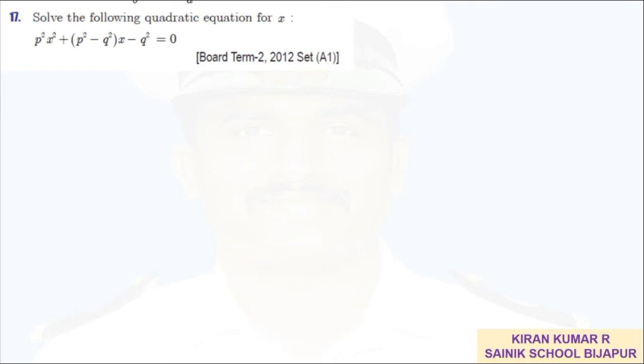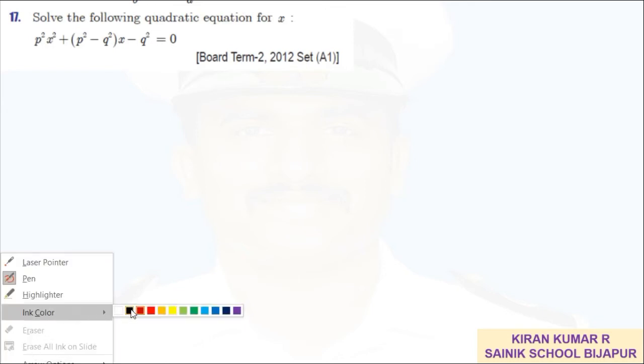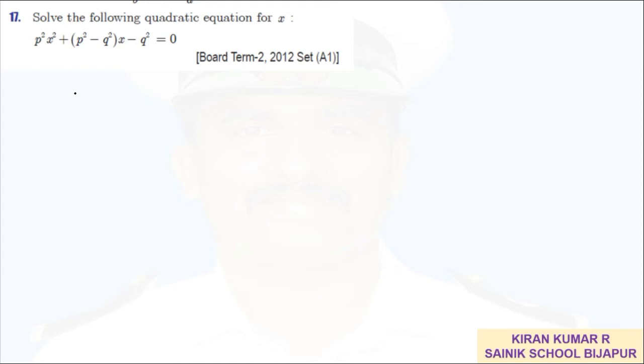This question is a little different. p square x square plus p square minus q square times x minus q square equal to 0. We can't take anything common.